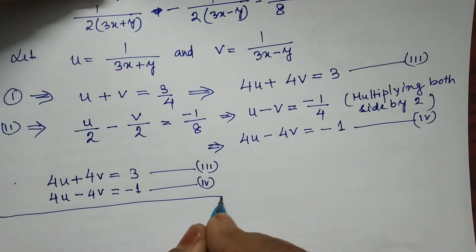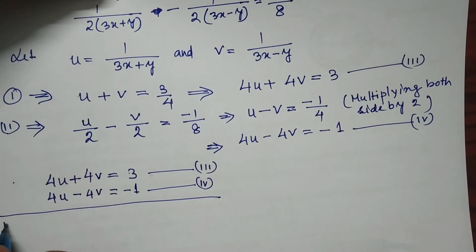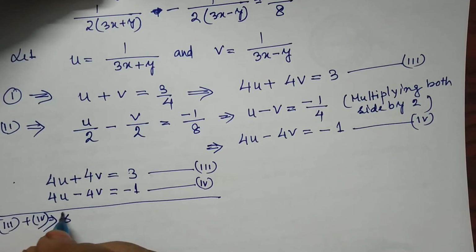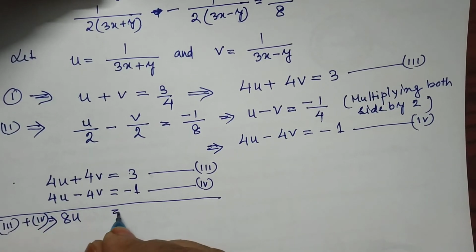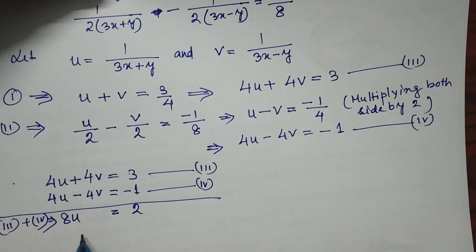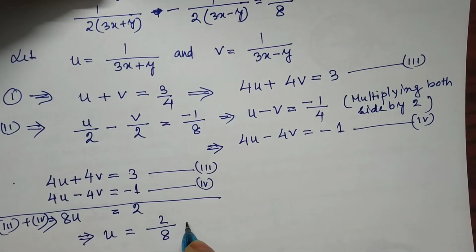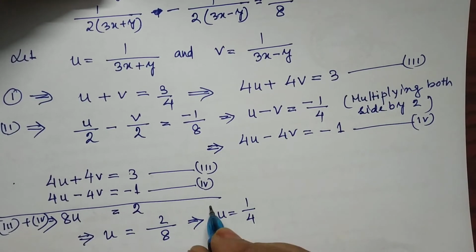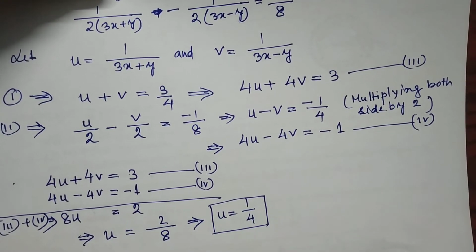Now if we add, that means equation number 3 plus 4, then what happened? 4u plus 4u is 8u, these two will be cancelled, and the right side will be 2. That means u equal to 2 by 8, so u equal to 1 by 4. We get the value of u.